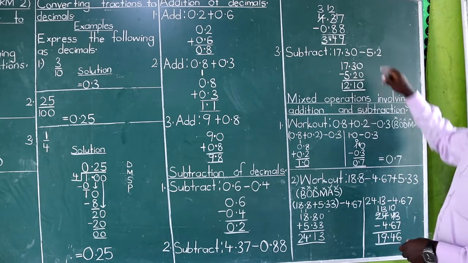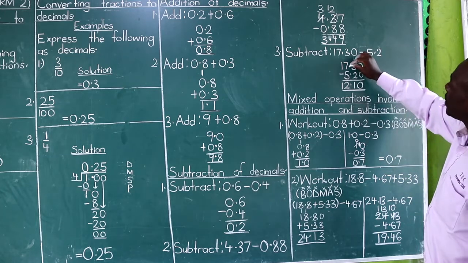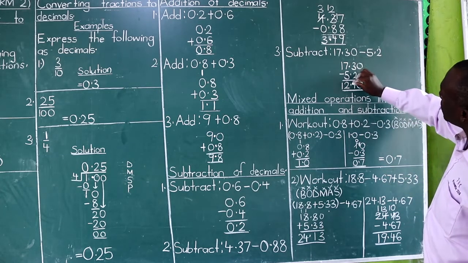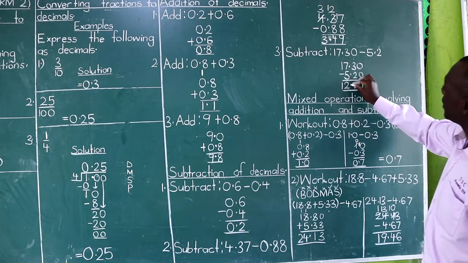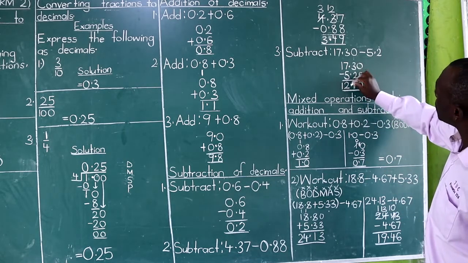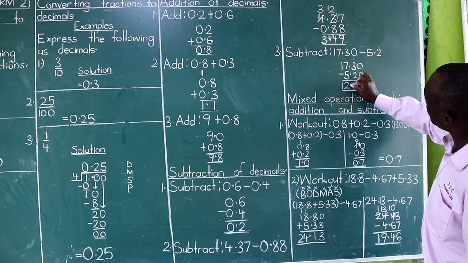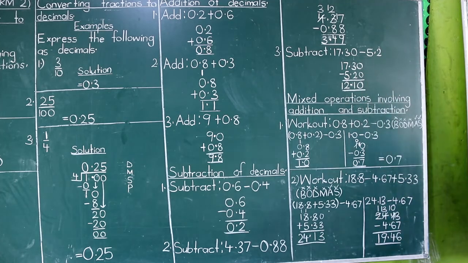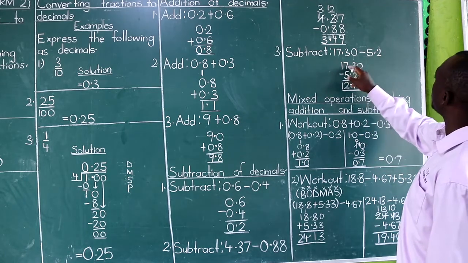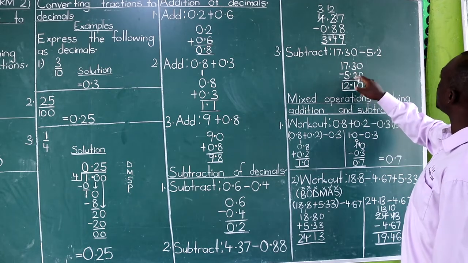17.30 minus 5.2. So, as usual, we start with our points. Point equals, point equals, point equals. That's what starts on paper. After those points have been aligned in that order vertically, then you write our 17 point is already here, 30, minus 5.2.